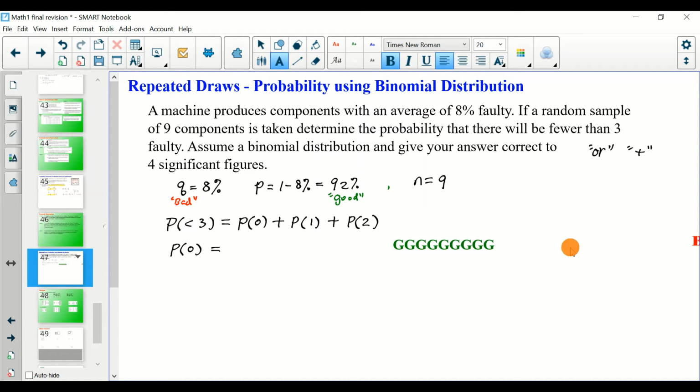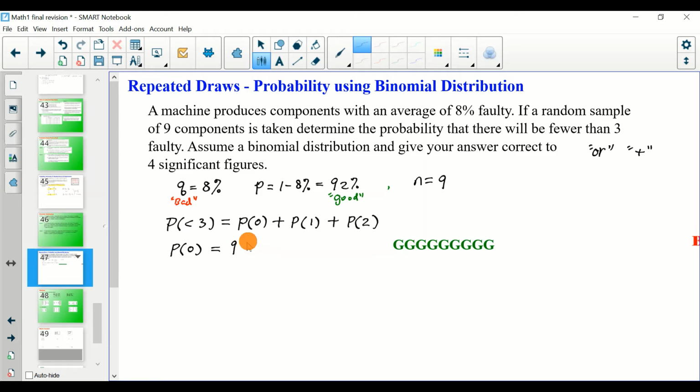So for that to happen, if the probability of a product being good is 92%, and that happens once, but I want that to happen 9 times, my probability will be significantly less.